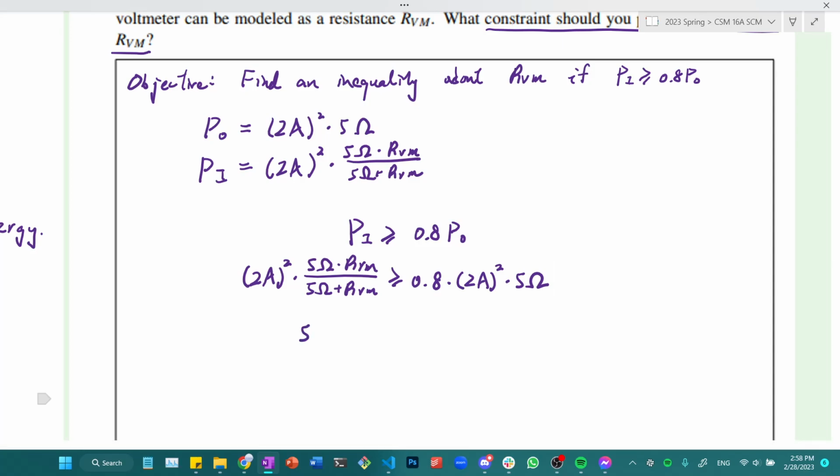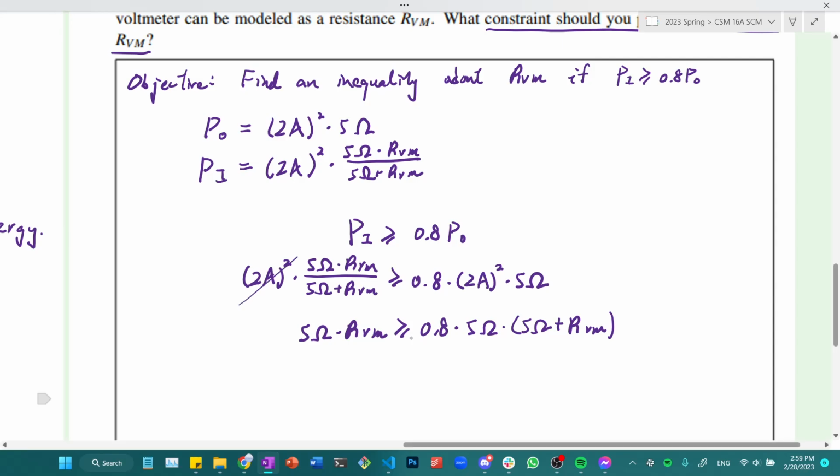So I get that 5 ohms times RVM is larger or equal to 0.8 times 5 ohms times 5 ohms plus RVM. I'm going to simplify this inequality a little. I have 5 ohms on both sides, so I can cross the 5 ohms off.